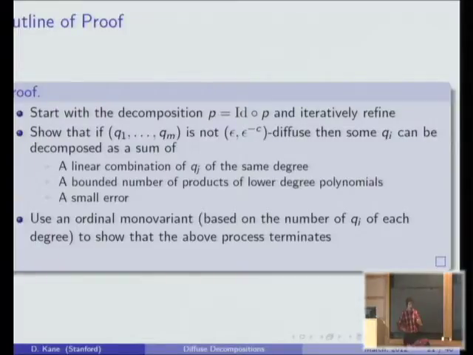So I can't do anything quite as clean because I need something that notices that I've got small errors that I can throw out. Yes, you add a low-order error. It's somewhat similar.